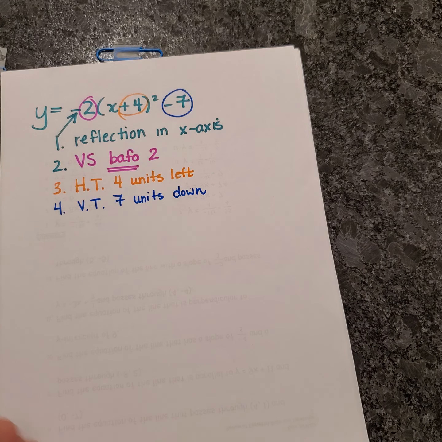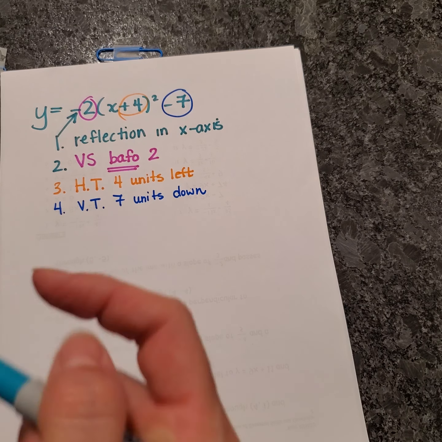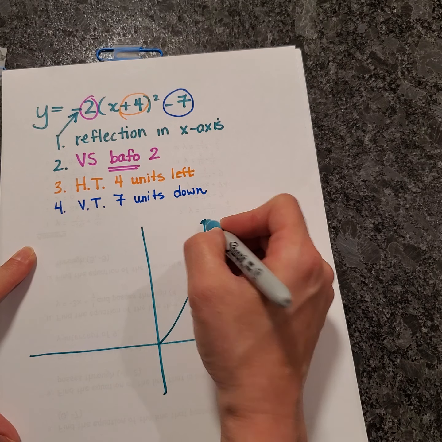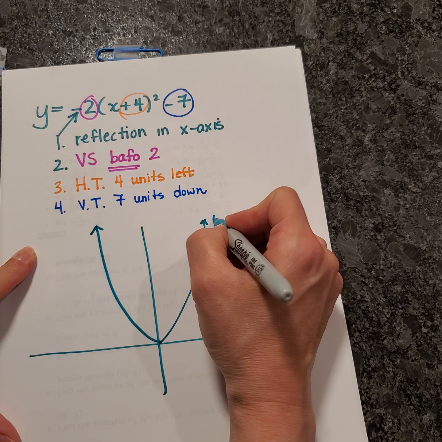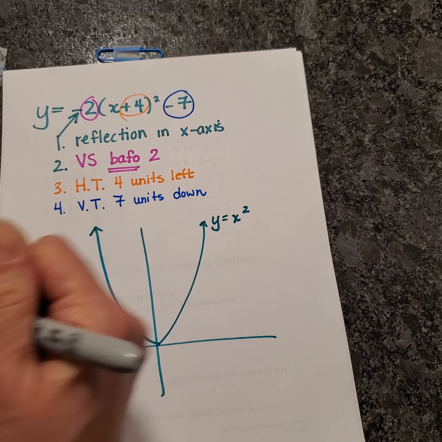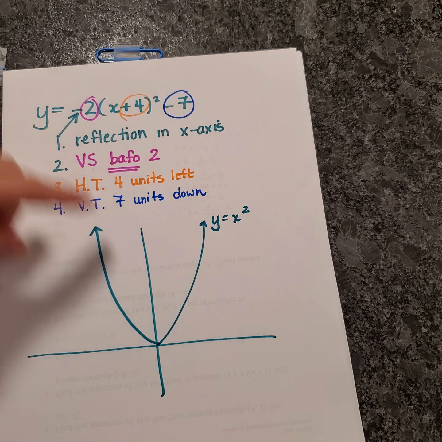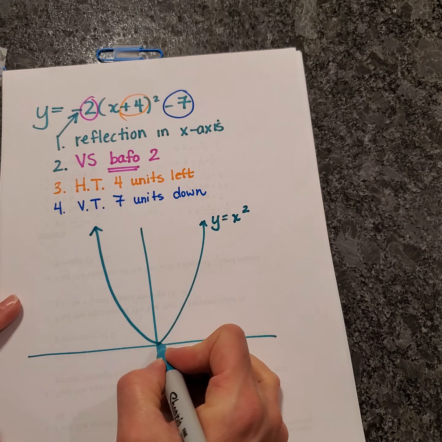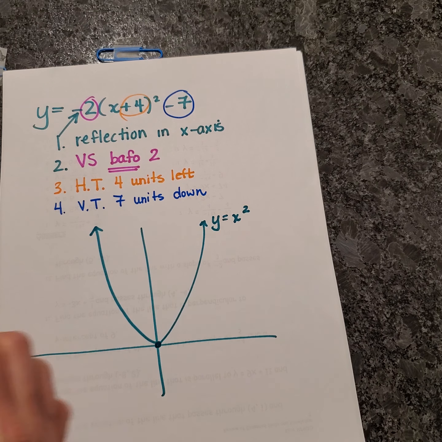Now let's talk about what this is going to look like. We know that every graph starts looking like this. That's the graph of y equals x squared. This guy got reflected, got stretched, so it's now opening down, it got more narrow, and we moved it. The vertex was originally on 0, 0.